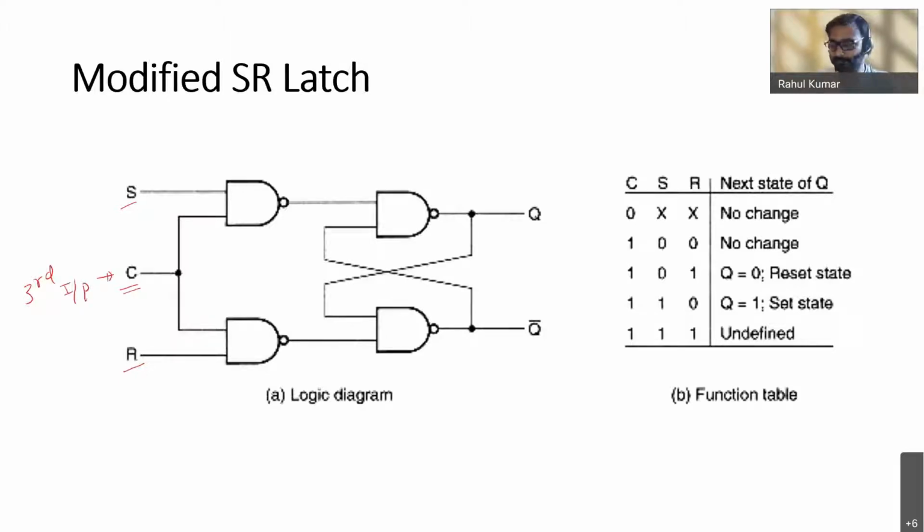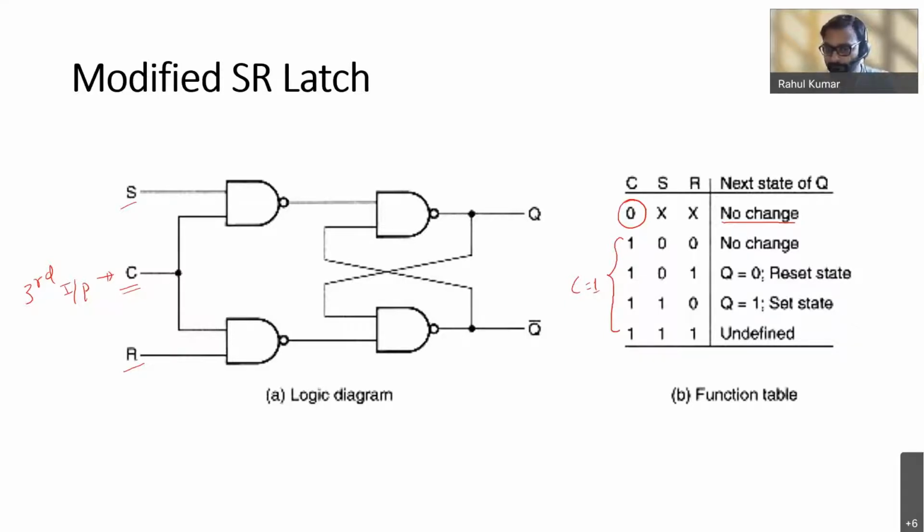Now what happens is, until and unless your C input is 0, there will be no change in the output. You can change the output only when your C is 1. Okay. When your C is 1, only then you can either set or reset your latch.